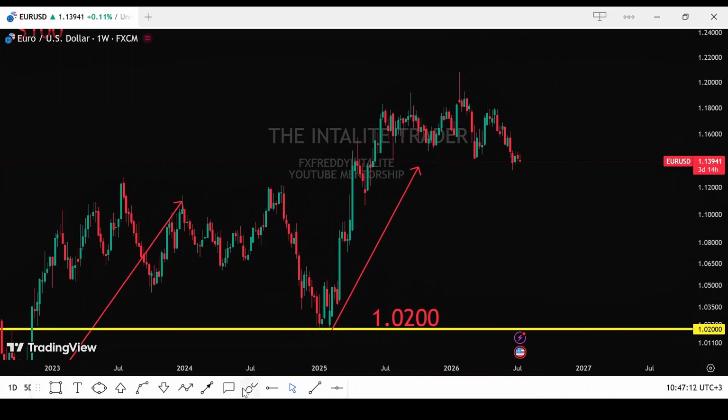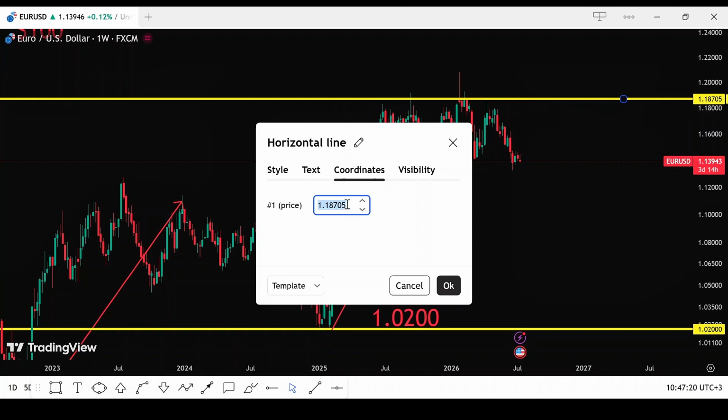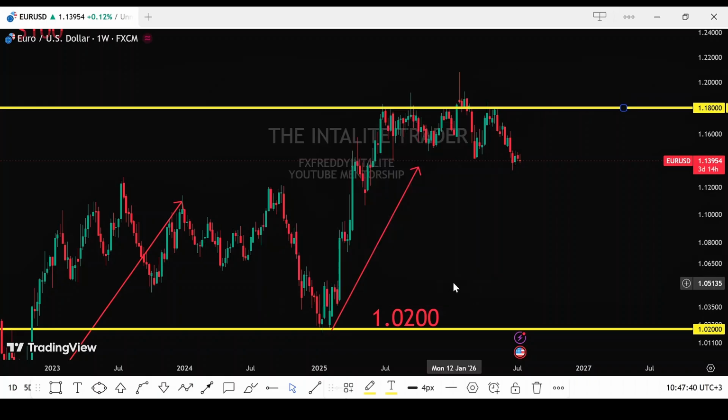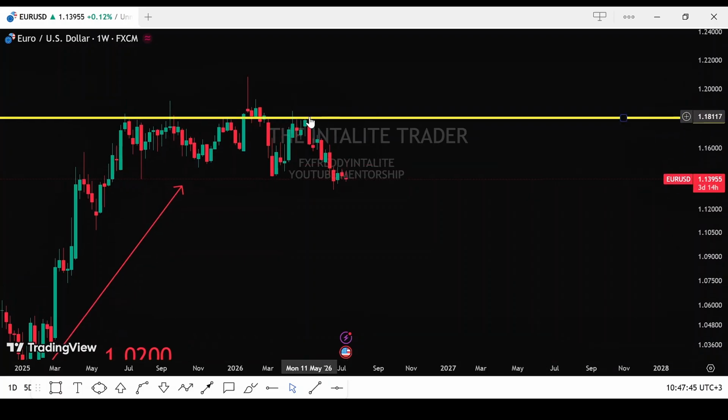The same thing applies to this. I put here, then you come and put 7800. You see how price is respecting these round psychological numbers.